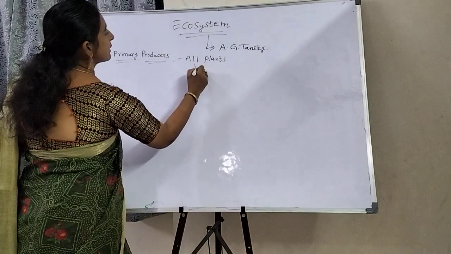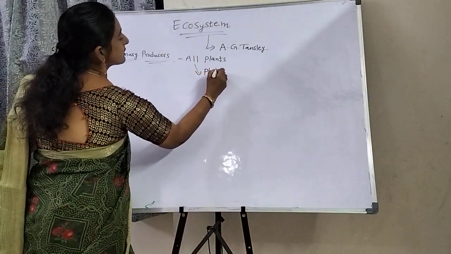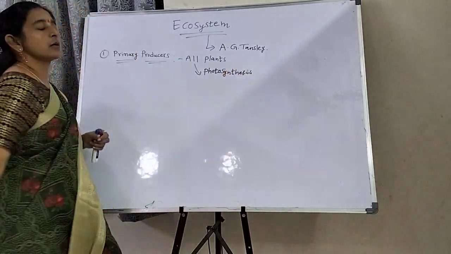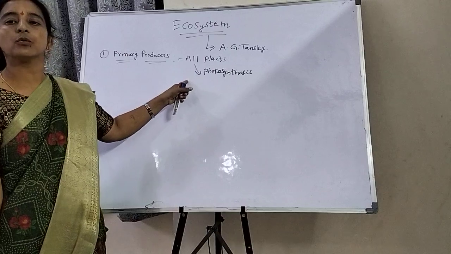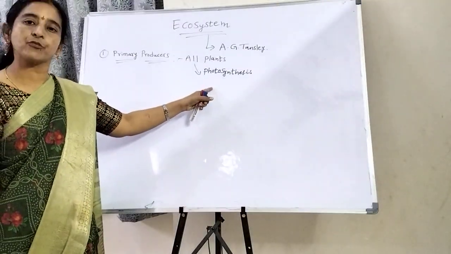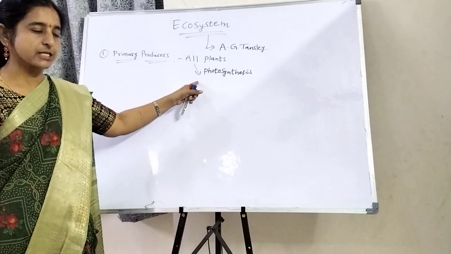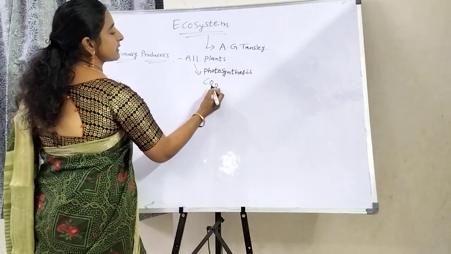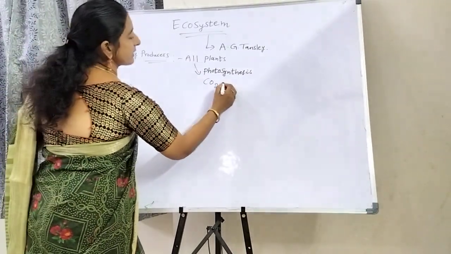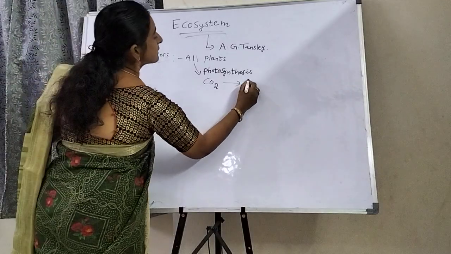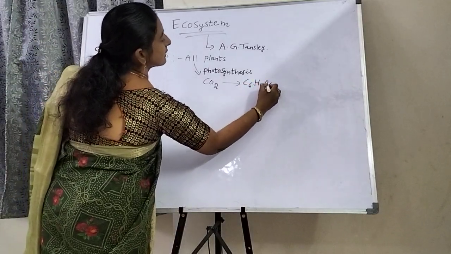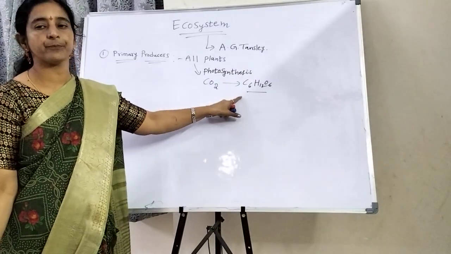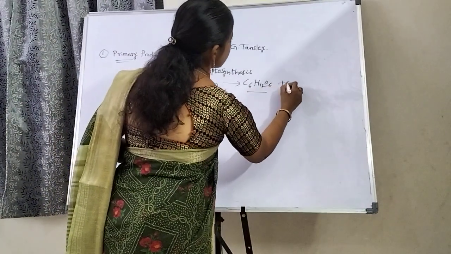So they prepare their food in the presence of sunlight, taking carbon dioxide, and they prepare food like C6H12O6, that is glucose or starch. They prepare their own food, and they also release oxygen.